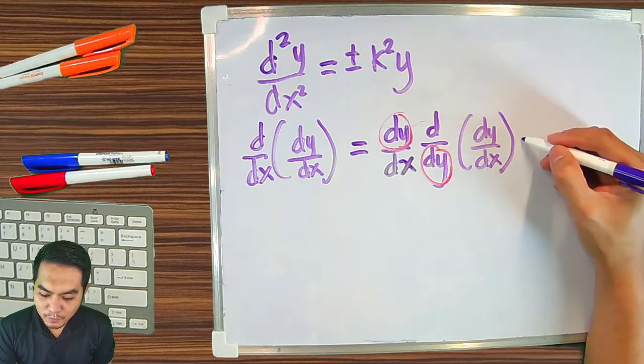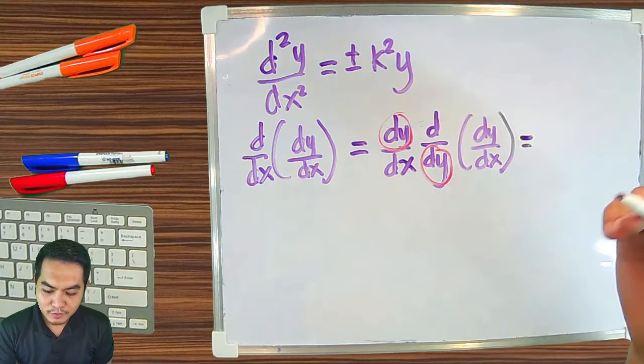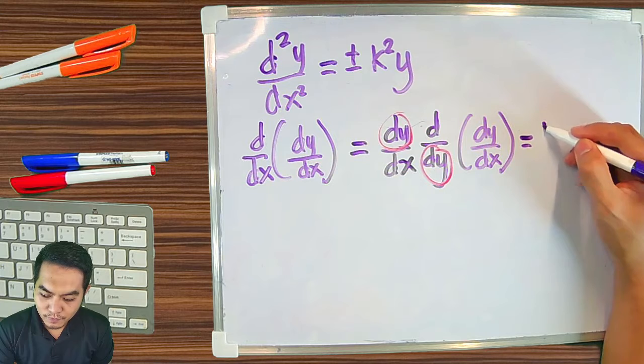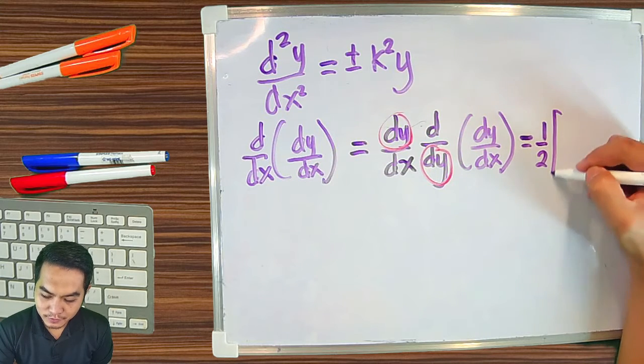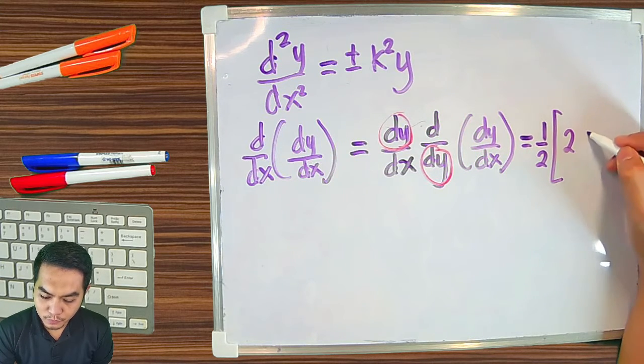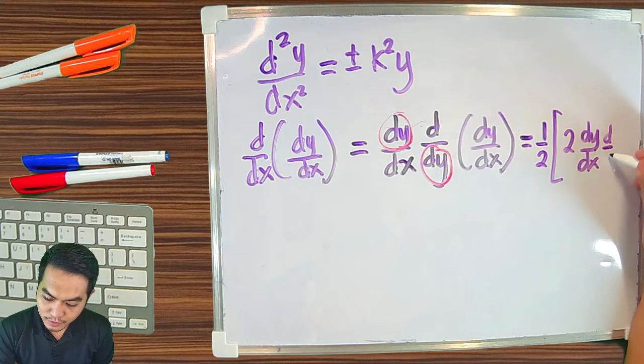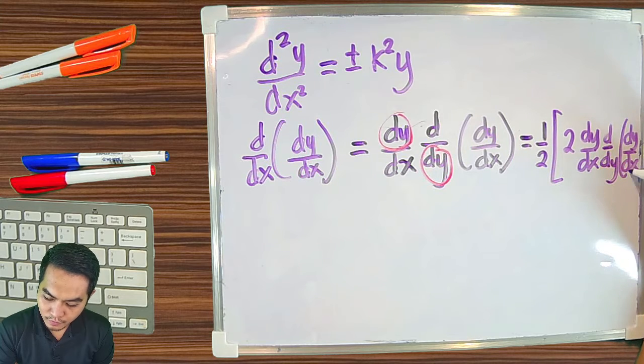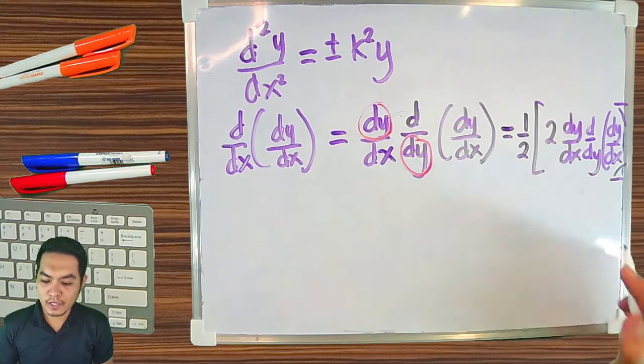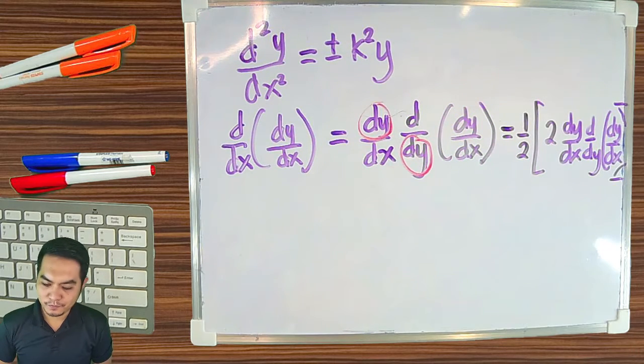Now, if I multiply this by 2, I will get a 1/2 factor, and then I will have 2 dy dx d dy of dy dx. I'll just multiply by 2 and 1/2.